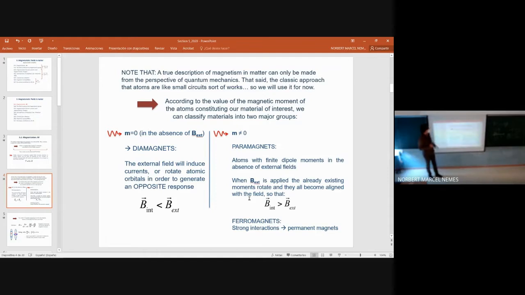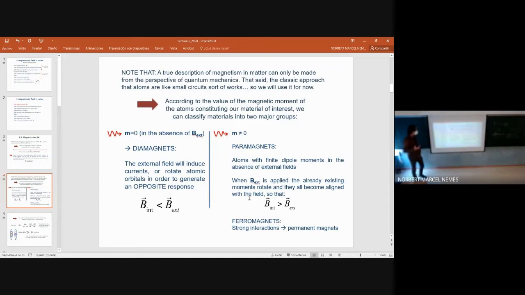We can group together the materials in terms of what sort of tiny magnetic dipoles they have inside. If you have a piece of material with no external field applied, and there are no dipoles in it, which is the case of most decent materials, a piece of paper, for example, or a frog, that would be called a diamagnet.